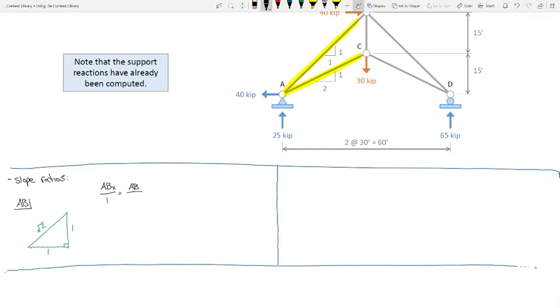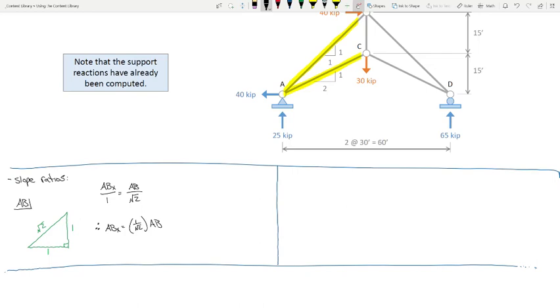What would be the denominator here? Square root of 2. I propose that ABX is to 1 as AB is to square root of 2. So what I'm getting at is I propose that ABX is 1 over the square root of 2 AB. Would you agree with that?